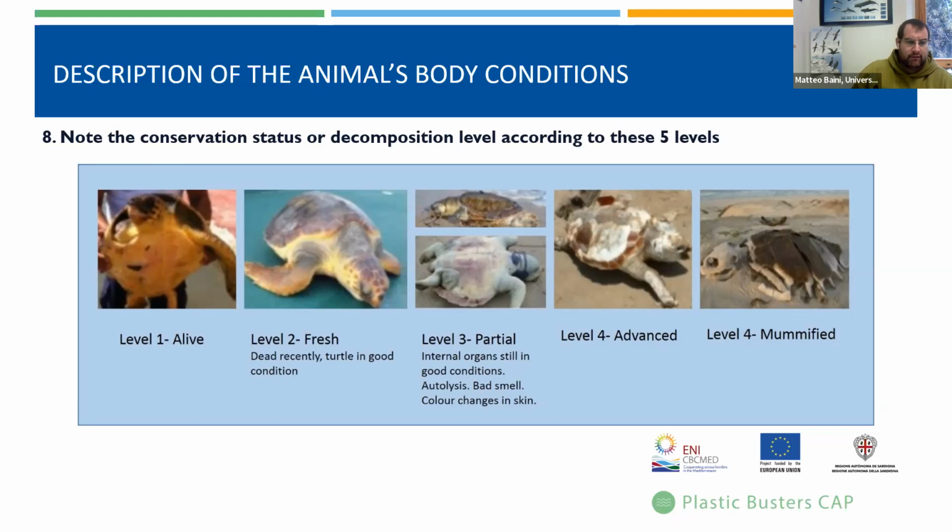In levels 1, 2, or 3, it's still possible to perform the analysis of the gastrointestinal tract to identify the ingested litter, and also other analyses, and Cristina will explain which kinds of analysis. If we find the animal at level 4, it's still possible in some cases to collect the gastrointestinal tract. But if they are mummified, it's not possible. So usually we focus the attention and the analysis on levels 1, 2, and 3.